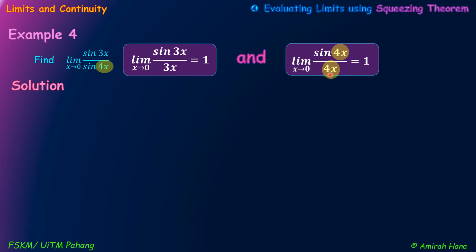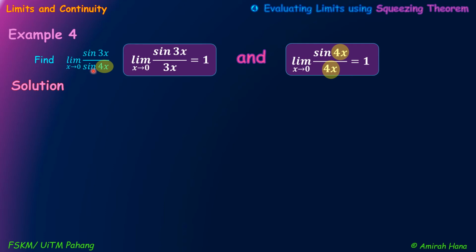The denominator should be exactly equal to the argument of sine. Now look at this theorem. In the denominator of the theorem, there is no sine, no trigo function.